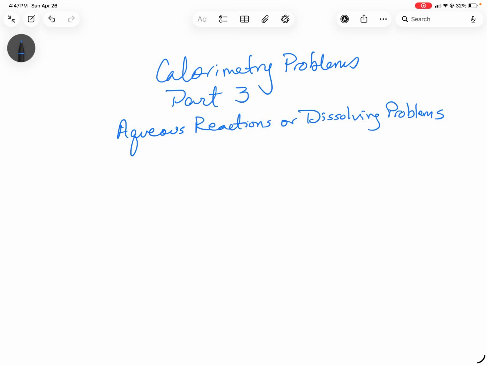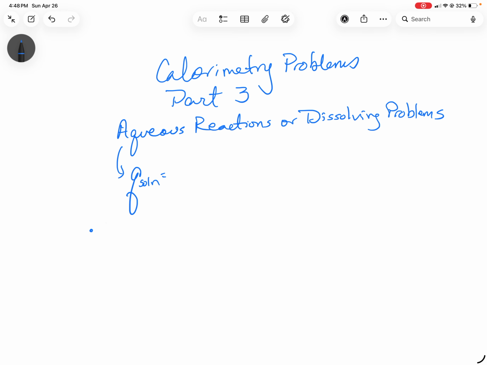If we have two solutions that are being added together, and this assumes we're starting with a reaction, let's say I had a sodium hydroxide solution and I mixed it with a hydrochloric acid solution. We did something like this in class on Saturday.